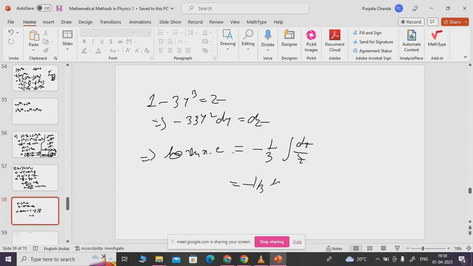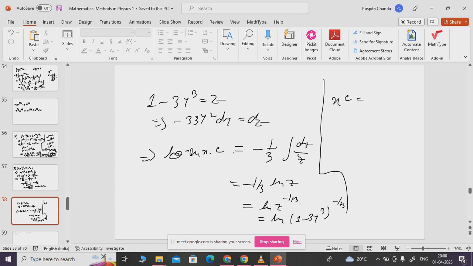So ln x plus ln c, we can say, can be written as minus 1 by 3 dz by z. So minus 1 by 3 ln z. Z is 1 minus 3y³.